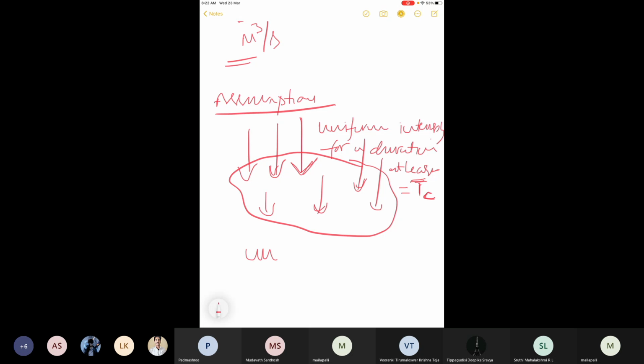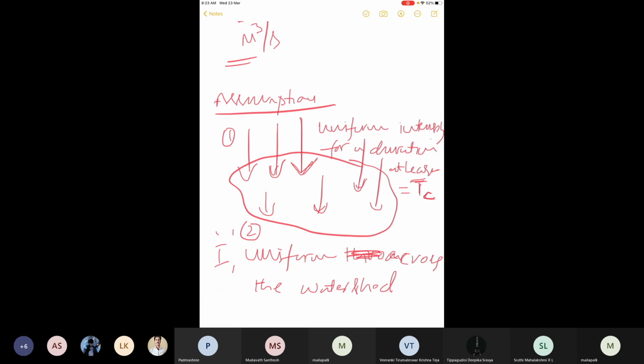So second, I should be uniform across the watershed. These are the two assumptions we have to consider.